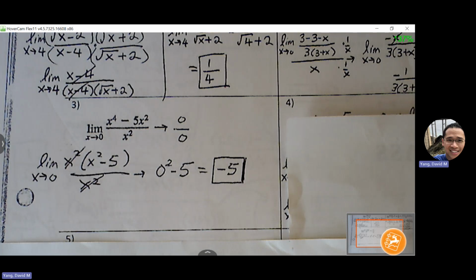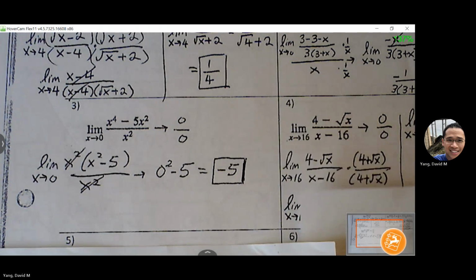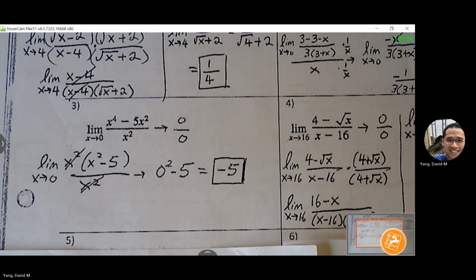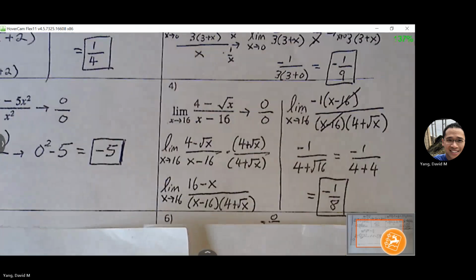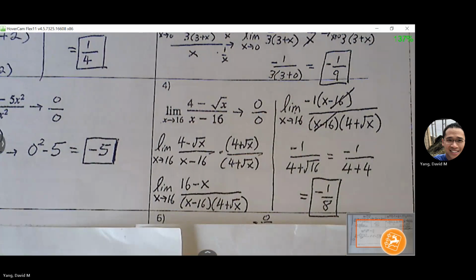Once you do that, a radical is involved here, so conjugate method. Expand the numerator, but leave the denominator alone. The denominator is ready for you to pair and reduce.